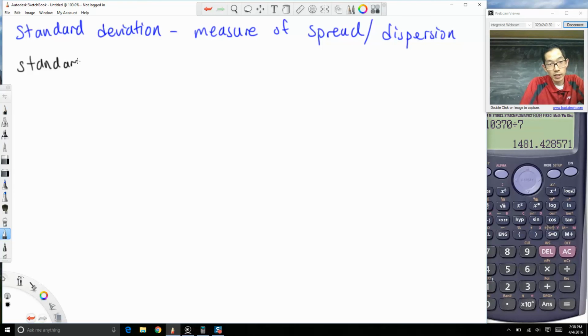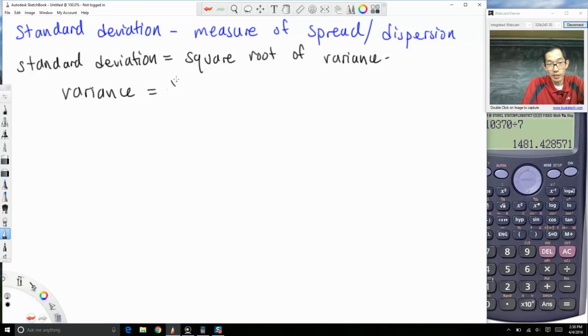We're going to say the standard deviation is equal to the square root of the variance. And the variance, we're going to define it as the quote-unquote average squared distance from the mean.